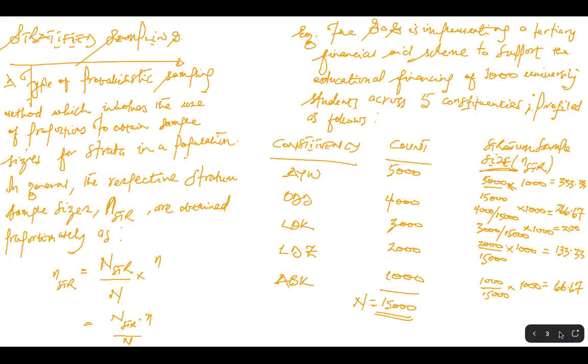Now, when you do this correctly, I want you to sum up the values and tell me what you have. So 333.33 plus 266.67, and so on and so forth. When we add all of these, we're going to get exactly 1,000. This means that this process is indeed very scientific and very equitable.